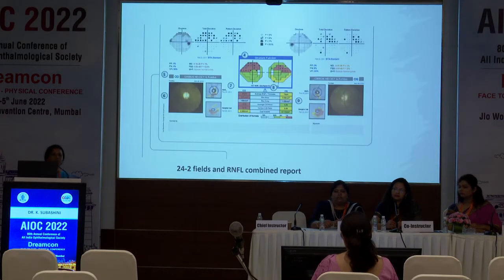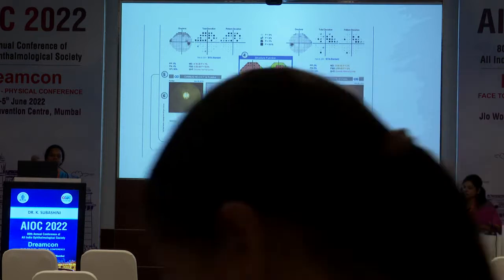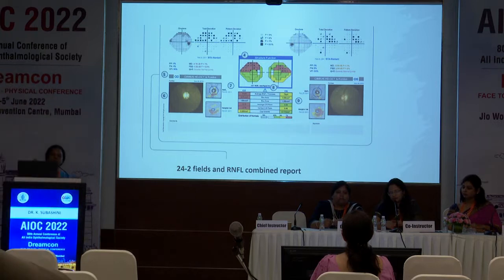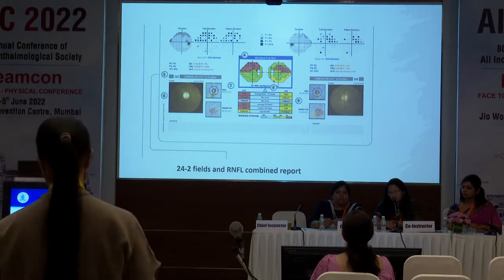Some of you might have the Glaucoma Workplace on Forum, which is software that combines the HFA, the fundus, as well as the OCT displays. This is a combined report of the 24-2 field. Here you can see the OCT display is flipped to correspond to the visual field area.